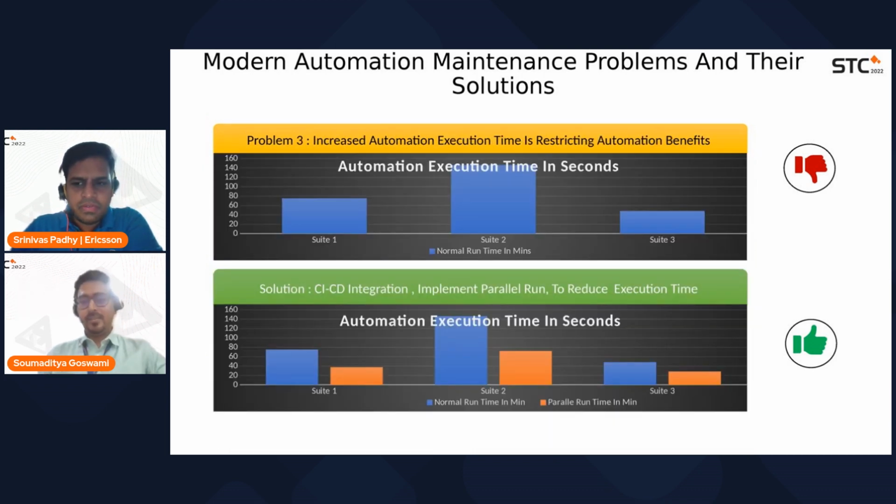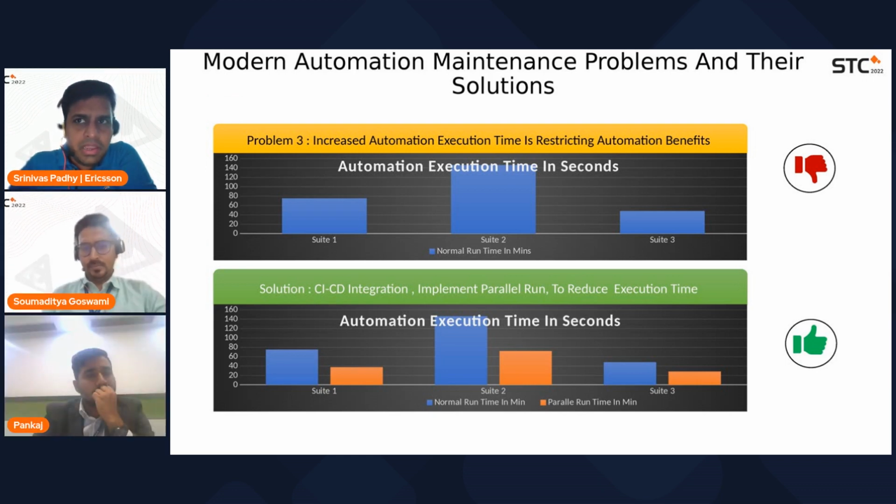Okay, so the third problem is that I have got around 3,000 test cases in my automation suite, and I see that with the number increasing day by day, the automation execution time is also increasing. It is not only a pain for the DevOps pipeline, but it is also making me wait so long for feedback.